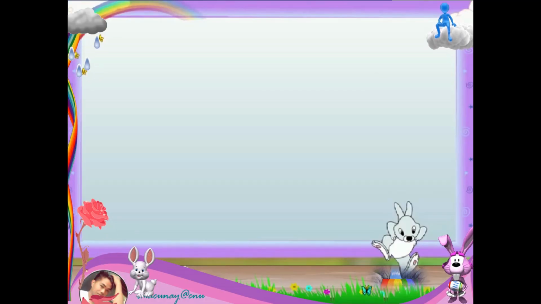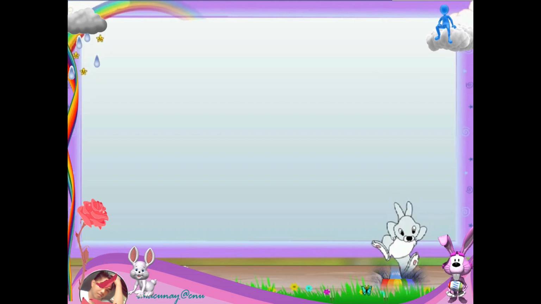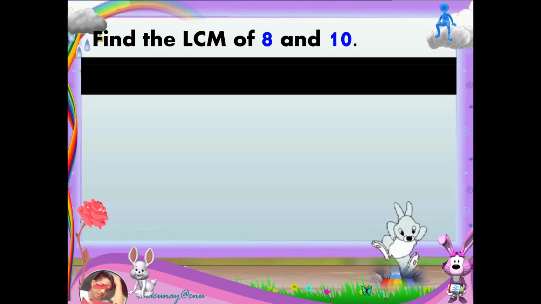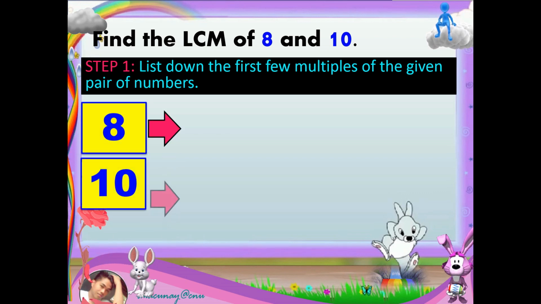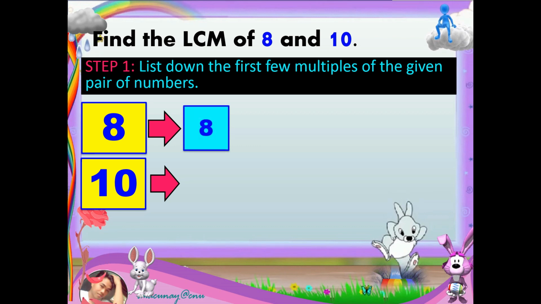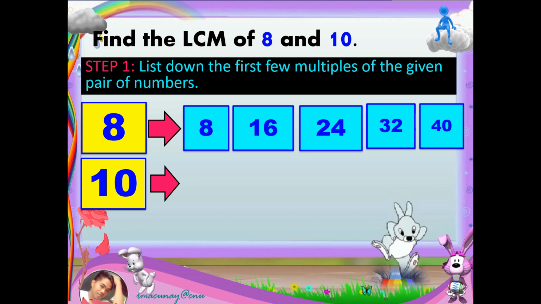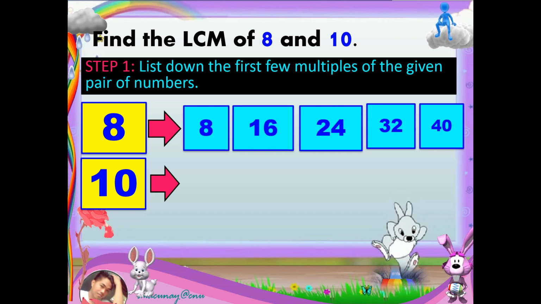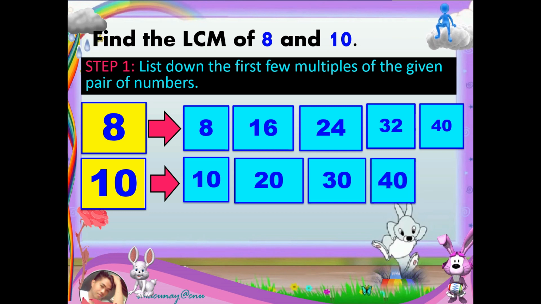So how did we get 40 as our LCM? Step 1, find or list down the first few multiples of 8 and 10. The multiples of 8 are 8, 16, 24, 32, and 40. While the multiples of 10 are 10, 20, 30, 40, and 50.